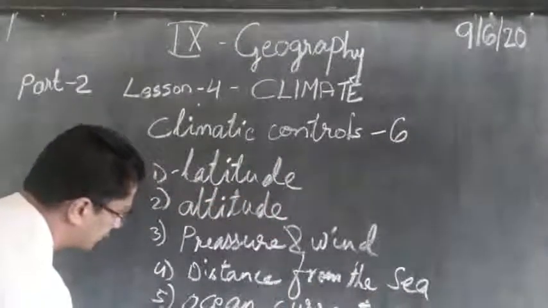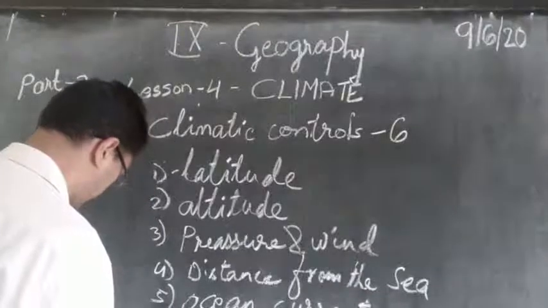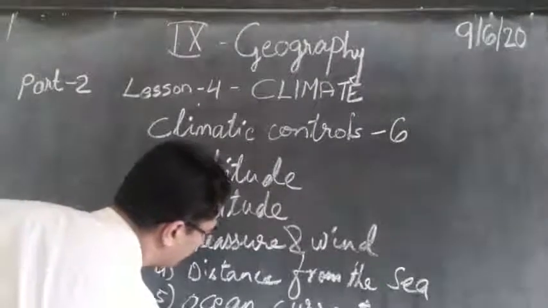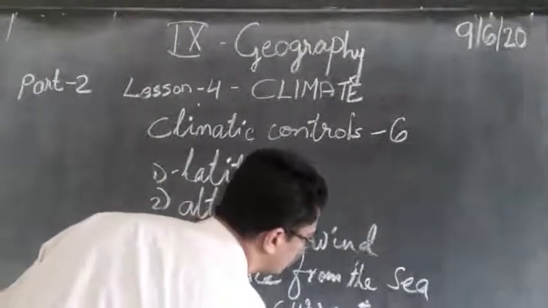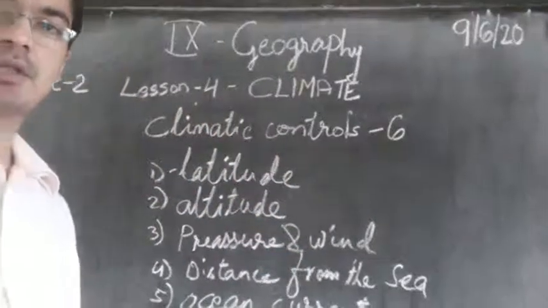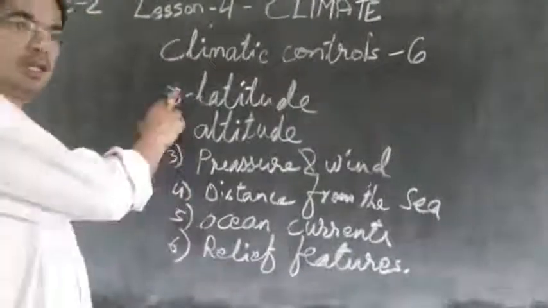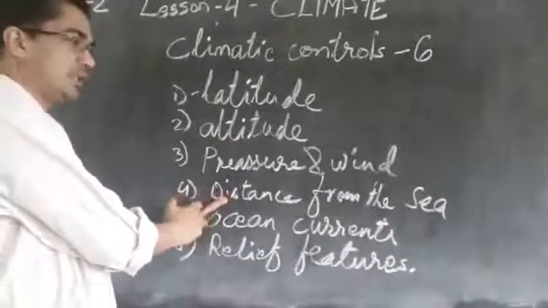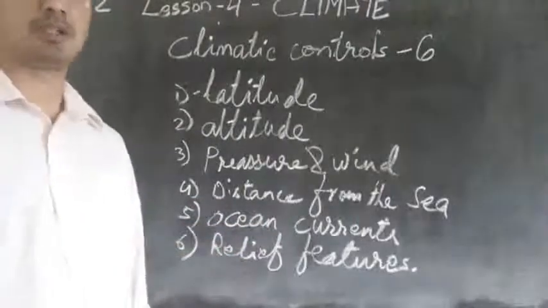And number 6 is relief features. First one is latitude, altitude, pressure and wind, distance from the sea, ocean currents and relief features. These are the 6 factors.